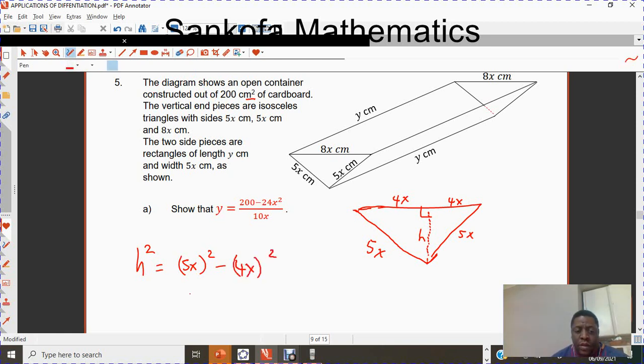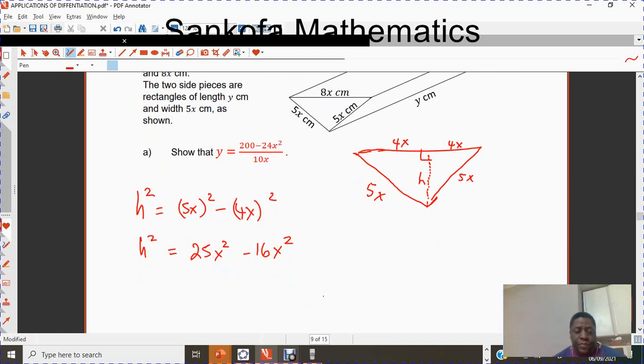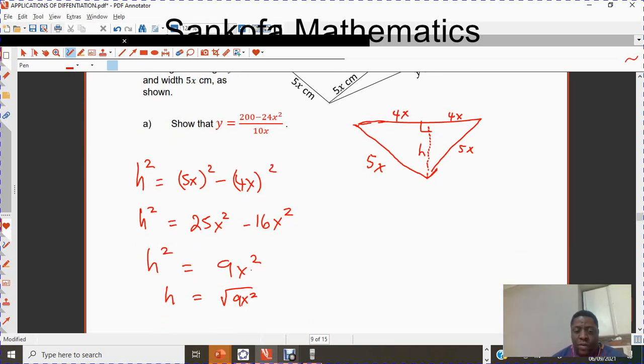So h squared gives you 25x squared minus 16x squared. All right, so this gives you h squared equals 9x squared. Therefore, h equals the square root of 9x squared, and everybody should know that the square root of 9x squared is nothing but 3x.